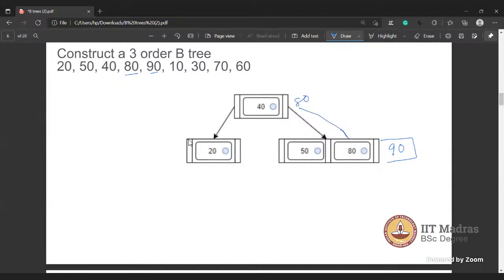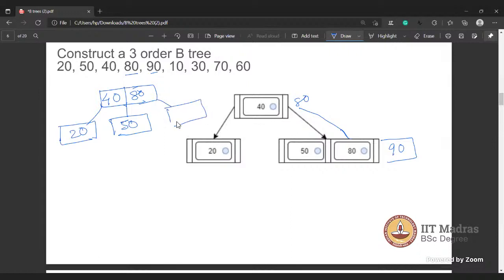So the tree will be like this: 40, then 80, then 20, and 50 is greater than 40, so 50, and 90 is greater than 80, so 90.